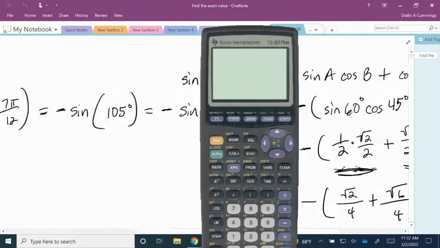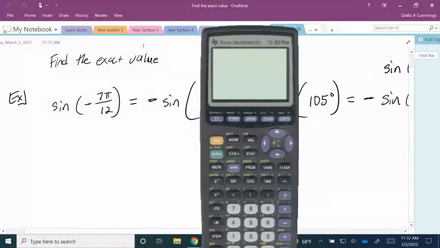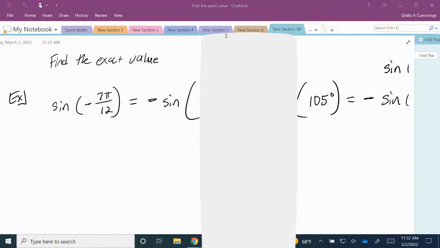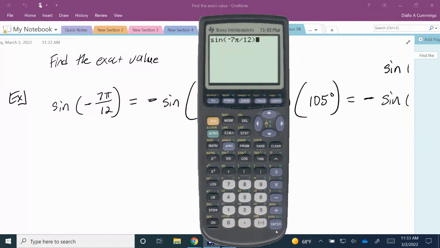Now our initial problem was given in radian measure, so I'm going to make sure that my calculator is in radian mode. I'm going to go into mode and change that to radian. So I'm going to put in the sine of negative 7 pi divided by 12, and we can see our value is negative 0.97.